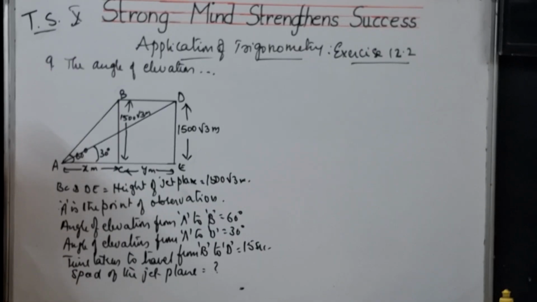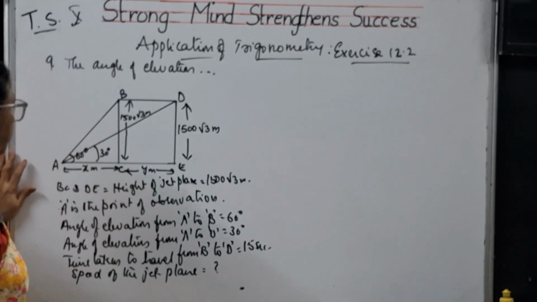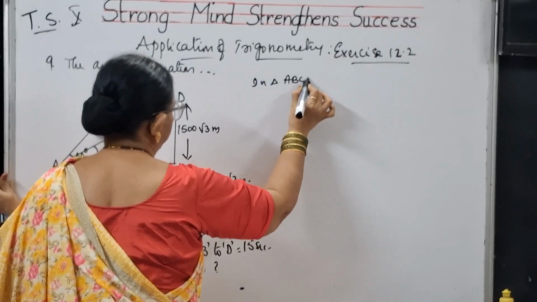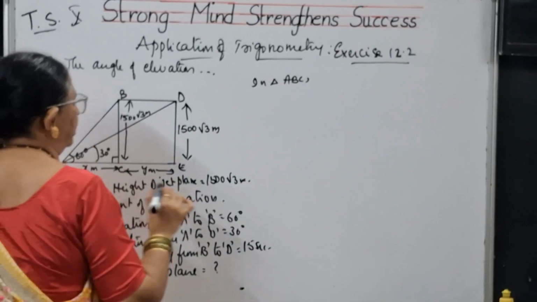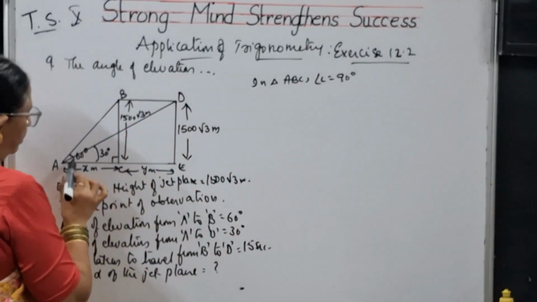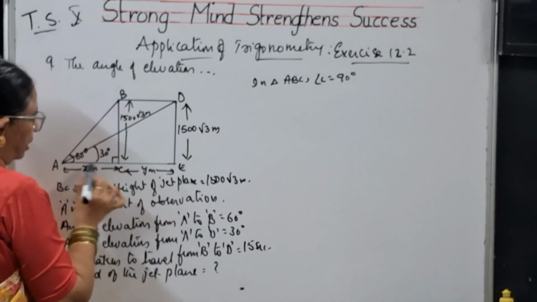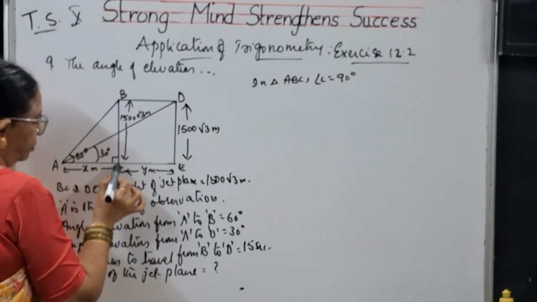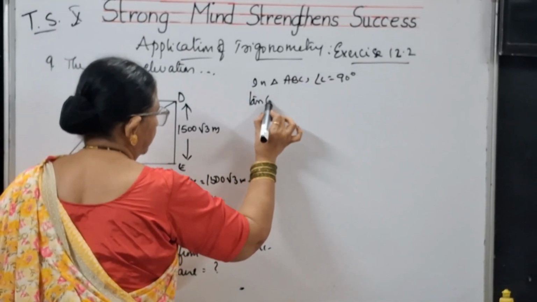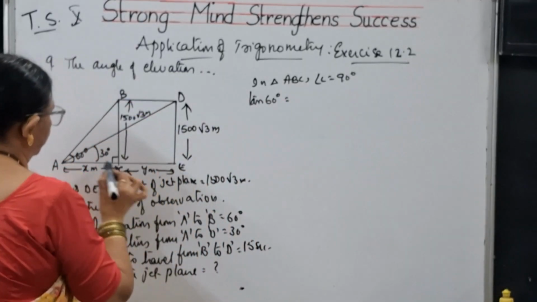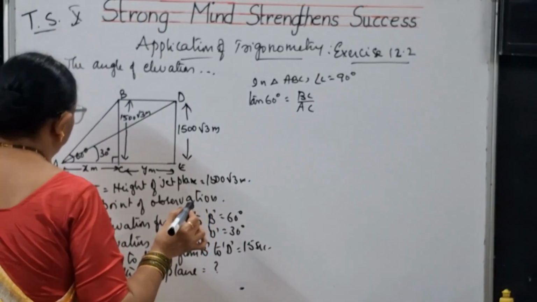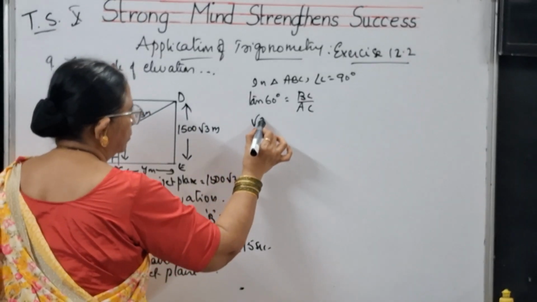Now let us take triangle ABC. In triangle ABC, angle C is 90 degrees. So see this, children, this is 60 degrees. This is the triangle. Opposite side and adjacent side: tan 60 degrees is equal to BC by AC. What is tan 60? Root 3.